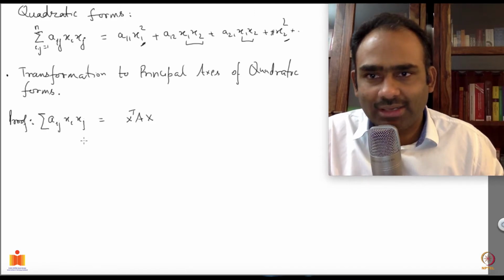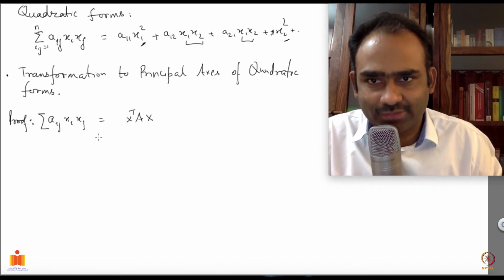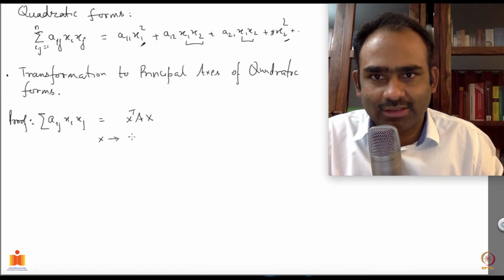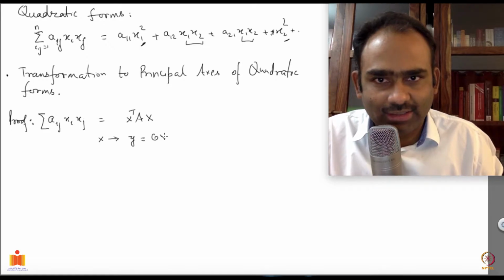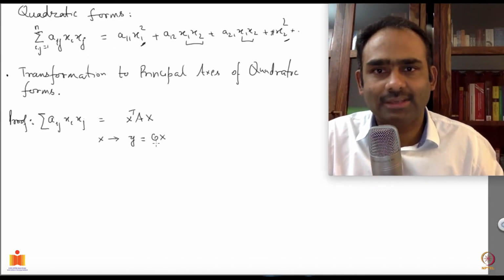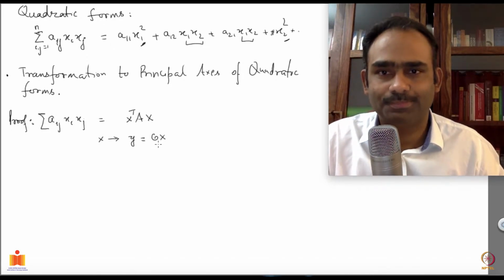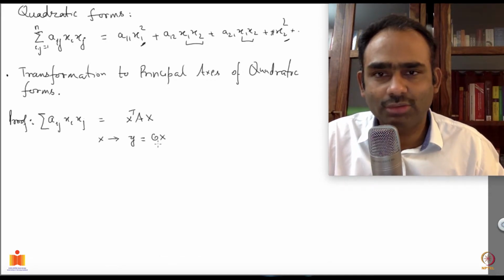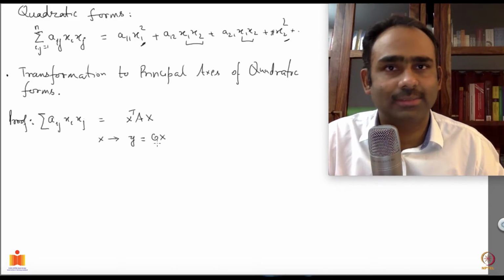I'm saying I can do a transformation from x to y, which is related to your x column vector by some orthogonal matrix O that you can choose, and I'm choosing this O to be the one which will diagonalize the matrix A.